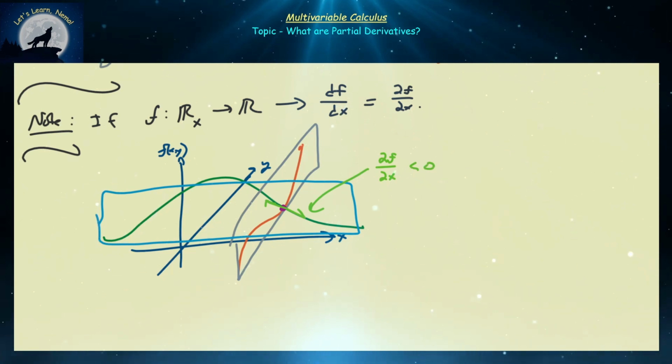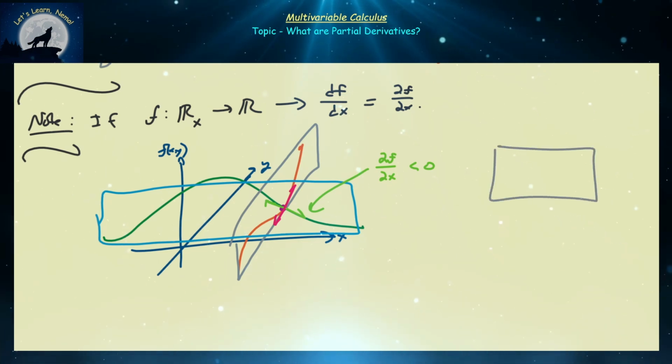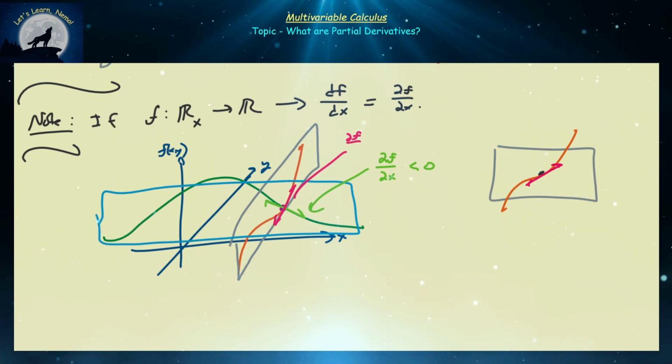But if we look at things in the y cross-section, from this point of reference so you can see how I'm looking at this, then for that particular line the partial derivative will be positive at that point. So the partial derivative of f with respect to y will be greater than 0 at that particular point.